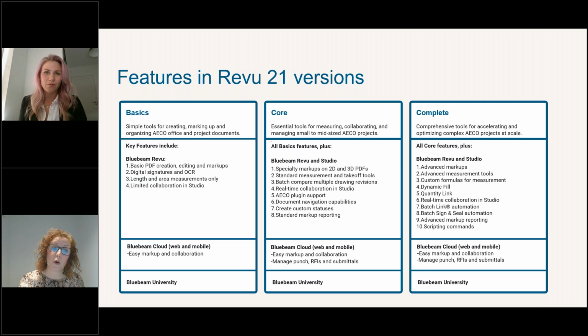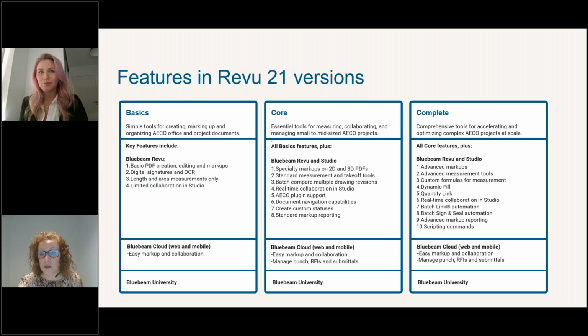If we check the Core, then you see that we have some essential tools for measuring and collaborating, and this is for small to mid-sized projects. We have, of course, all the functionality included in Basic, but we also have, for example, some specialty markups for 2D and 3D PDF. We have some measurement tools, not everything, some standard tools.